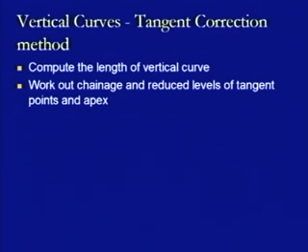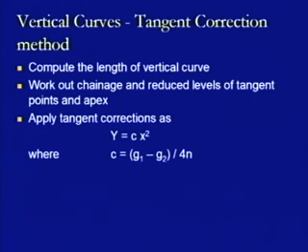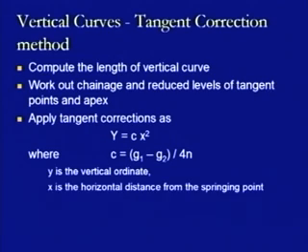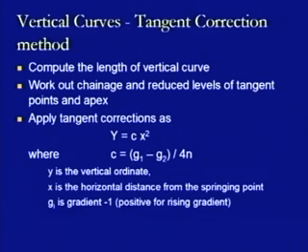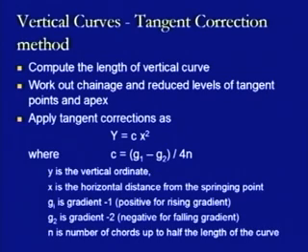We have to work out the chainage and the reduced levels of the tangent points and the apex, and apply the tangent correction, which can be applied as y equals c x square, where c is computed as (g1 minus g2) divided by 4n. y is the vertical ordinate, x is the horizontal distance from the springing point, g1 is gradient 1 which is positive for a rising gradient, g2 is gradient 2 which is negative for a falling gradient, and n is the number of chords up to half the length of the curve.